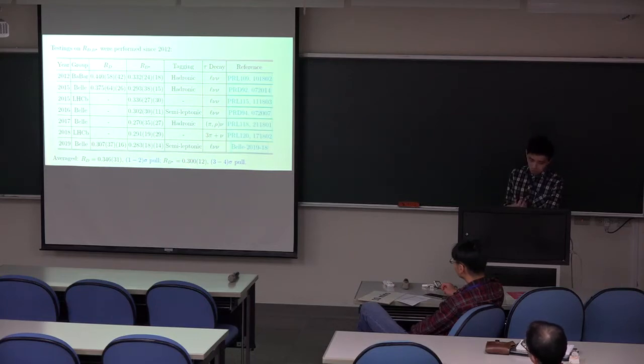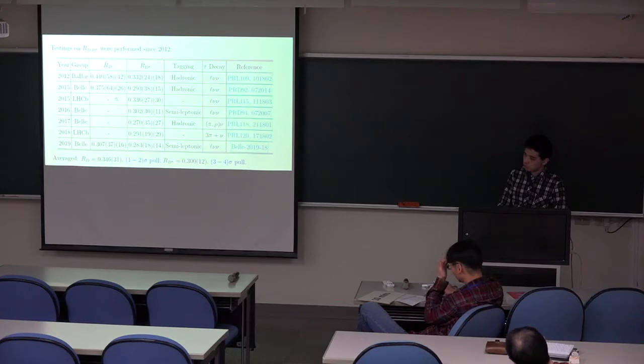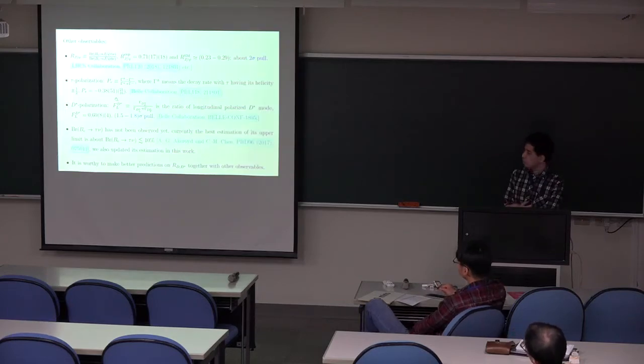We can see that till now R_D is almost consistent with the Standard Model prediction, but for R_D* there is still a 3 to 4 sigma tension from the Standard Model prediction, so it is worth giving better predictions on R_D and R_D*.